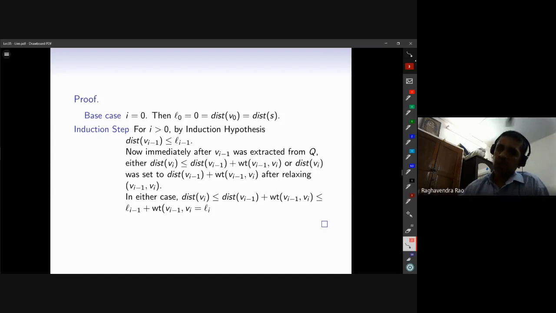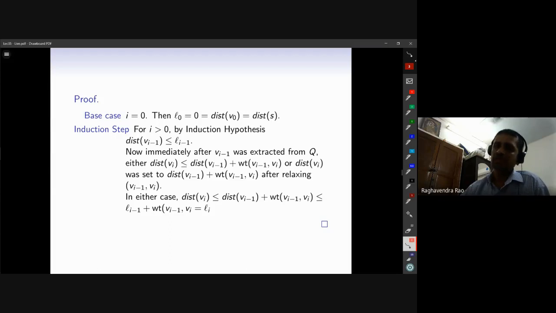Now let's see. When Vi minus 1 is extracted from the queue, either the distance of Vi was less than or equal to distance of Vi minus 1 plus the weight of the edge (Vi minus 1, Vi), meaning no relaxation was applied, or distance of Vi was set to this number after relaxing the edge.